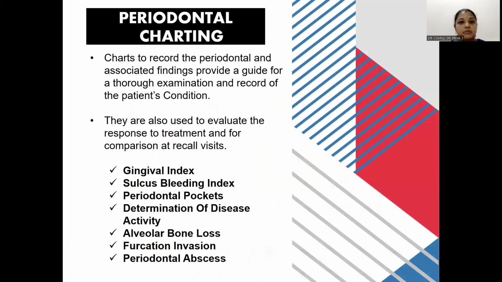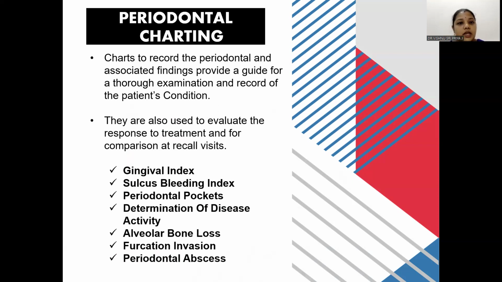After measuring your basic values, we will go to periodontal charting. The chart to record the periodontal and associated findings provides a guide for a thorough examination and record of the patient's condition. They are used to evaluate the response to treatment and for comparison at recall visits.